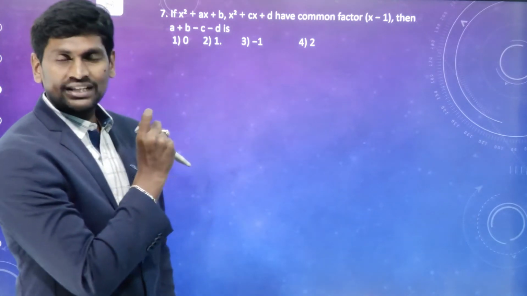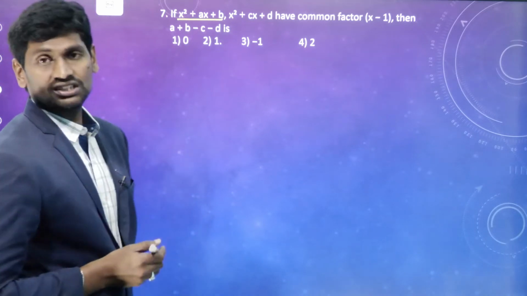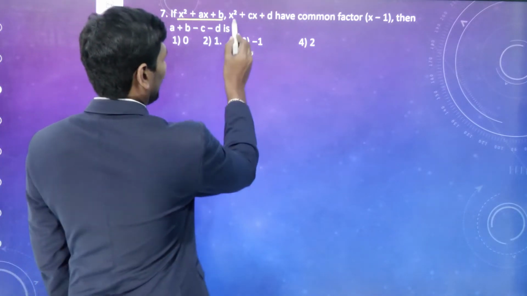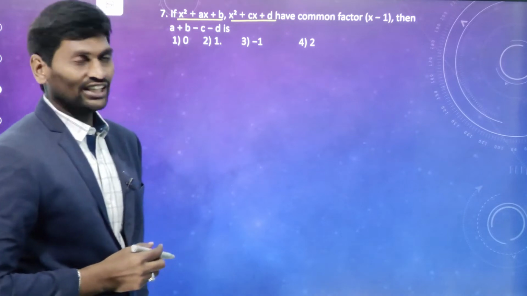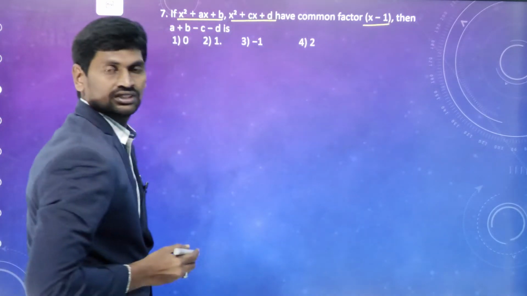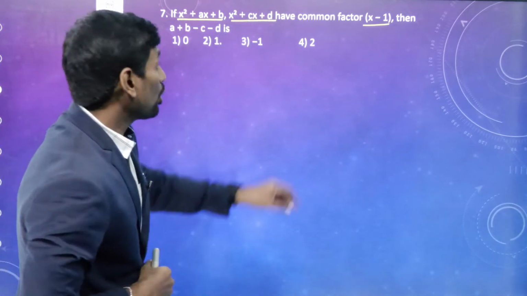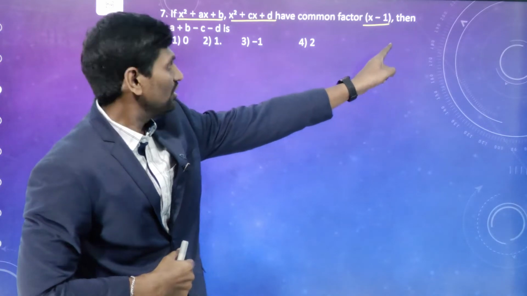x square plus ax plus b is one quadratic polynomial, and the second one is x square plus cx plus d. These two quadratic polynomials have a common factor x minus 1. Okay?